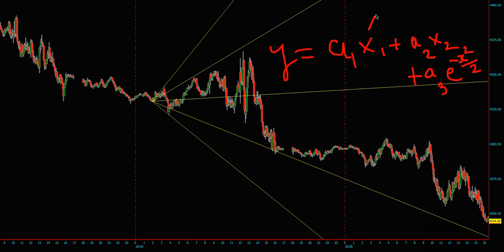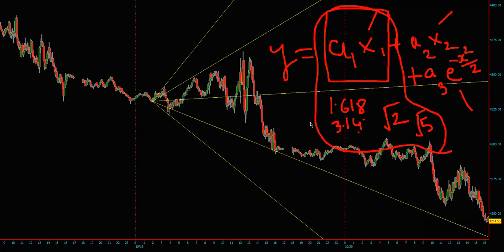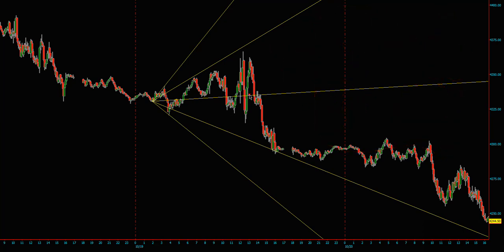And let's say this is price, this is time, and this is volume. So if you freeze this out into, let's say, a bar of 1.618 or a bar of 3.14 or square root of 2 or square root of 5, all those things, if you make this component static, which we can assume is price, then these become easy to solve, which means I can find and time the market where the turns are expected.